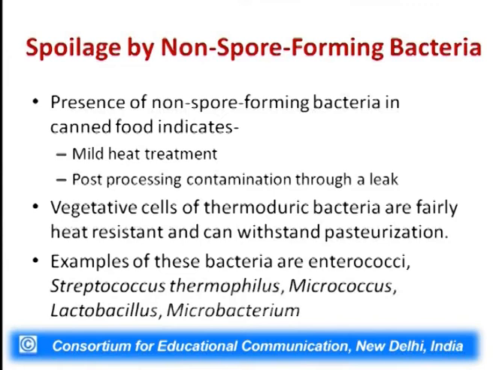Vegetative cells of thermoduric bacteria are fairly heat resistant and can withstand pasteurization, which in case of milk is carried out at around 72 degrees centigrade. So, several bacteria can survive pasteurization. Examples of these bacteria are Enterococci, Streptococcus thermophilus, Micrococcus, Lactobacillus and Microbacterium.